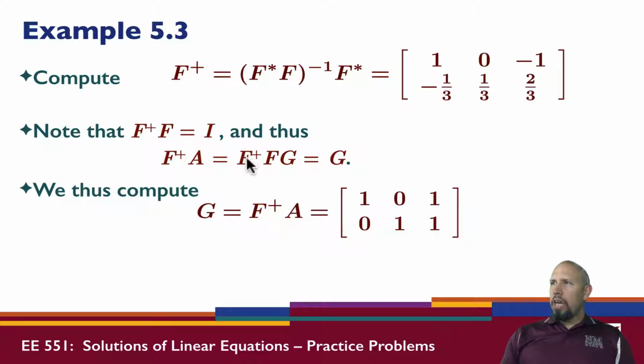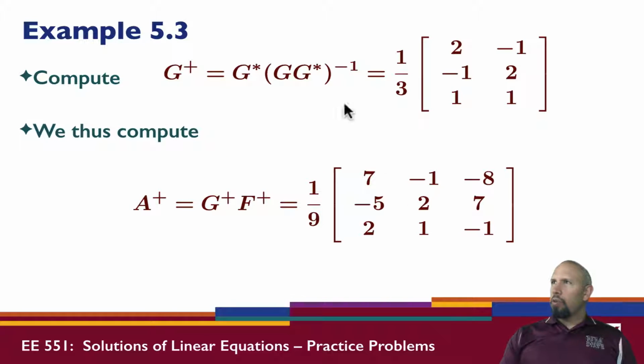Notice that F pseudo-inverse times F is identity, so all of this just gives G. So this is one way of obtaining G, multiplying A by F pseudo-inverse. When we do that, this is the G that we get. We can go through and compute the pseudo-inverse of this matrix. This is the quantity we get. And so the pseudo-inverse of A can be computed as G pseudo-inverse times F pseudo-inverse, and this is what we get.